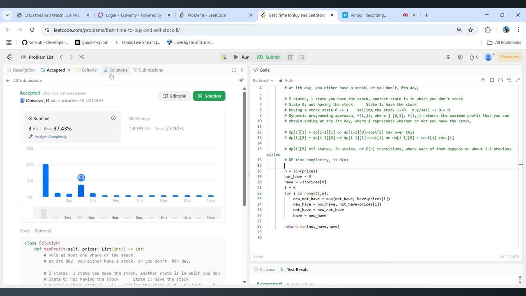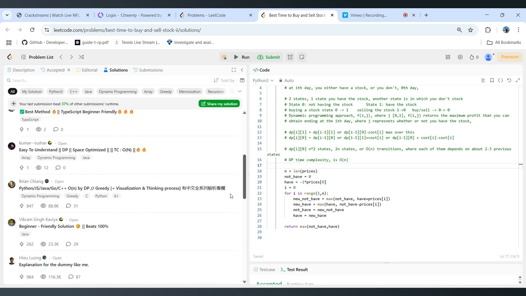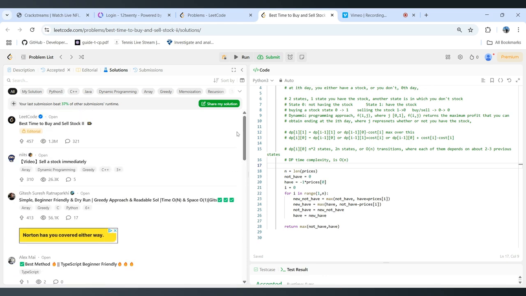Not sure. It is time complexity of n. Oh well, this is probably good enough.